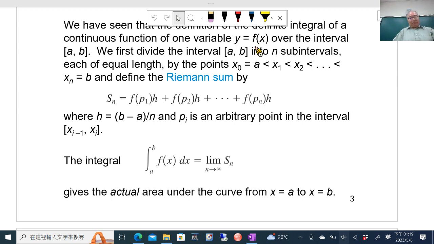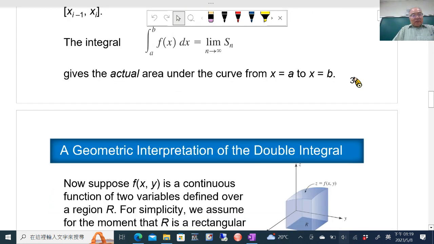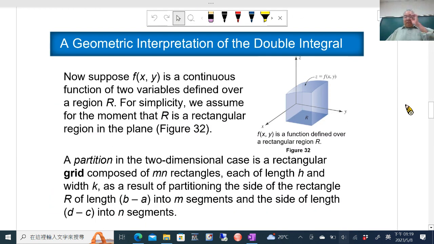Okay, the integral. And for the double integral, the domain we're looking at is not only a line, it's actually an area. And here we use a simple situation, a rectangle, R, as our region.